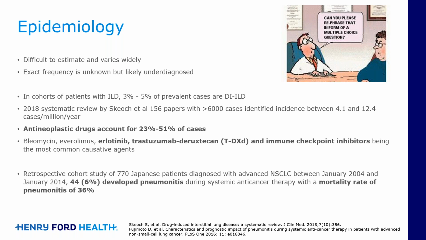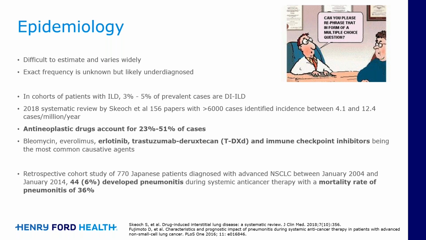This 2018 systematic review looked at about 156 papers and described more than 6,000 patients with drug-induced ILD, and they mentioned an incidence of anywhere from 4 to 12 cases per million per year. And of these, not surprisingly, anti-neoplastic drugs account for a quarter to almost half of the cases.